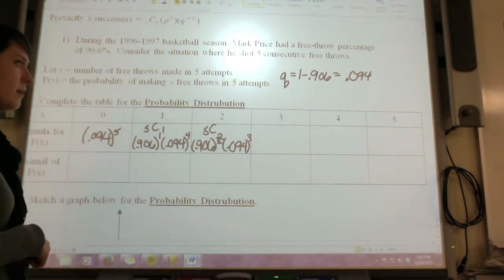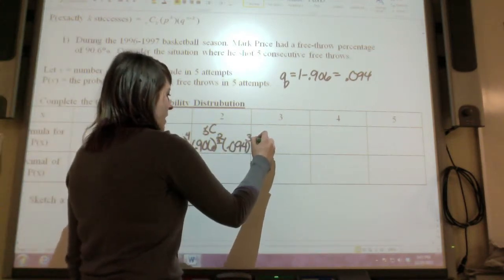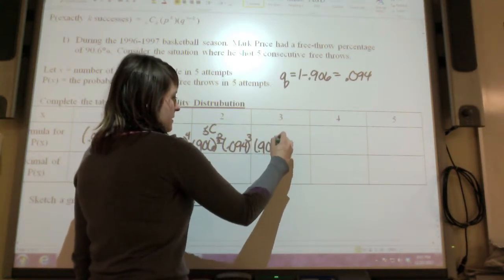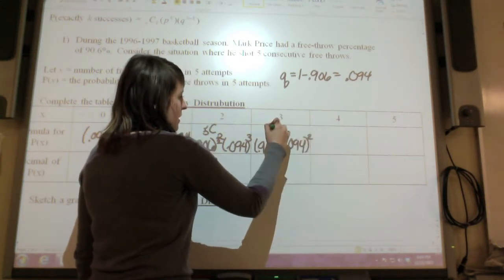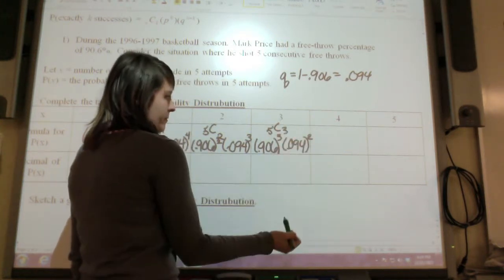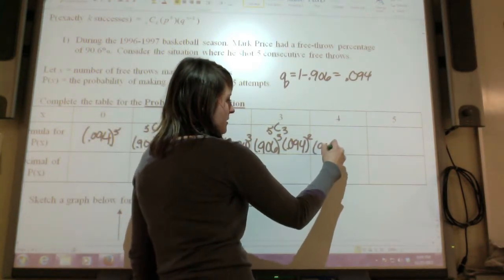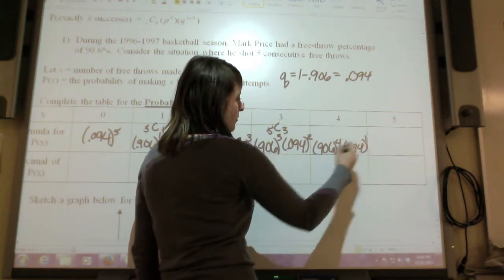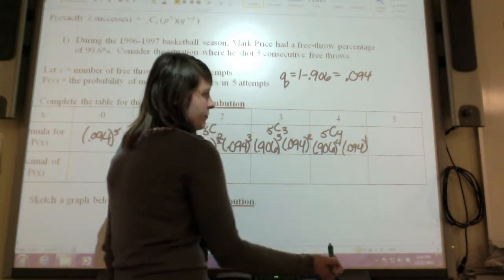For this one, I made 3, so it's 0.906 to the 3rd, and I missed 2, and I have 5 choose 3. Over here, I made 4, so it's 0.906 to the 4th times 0.094 to the 1, and I have 5 choose 4.